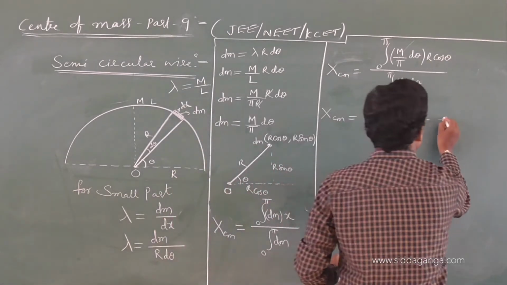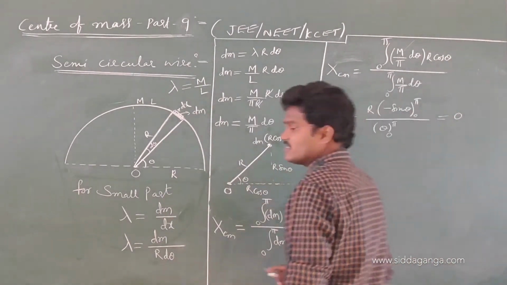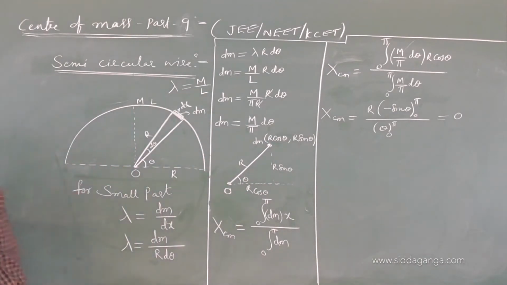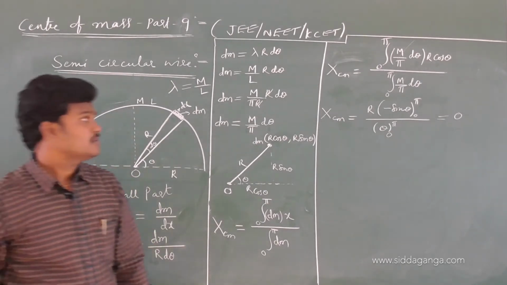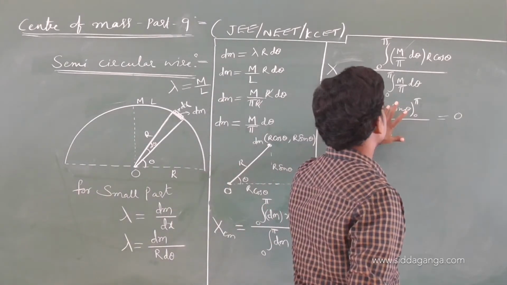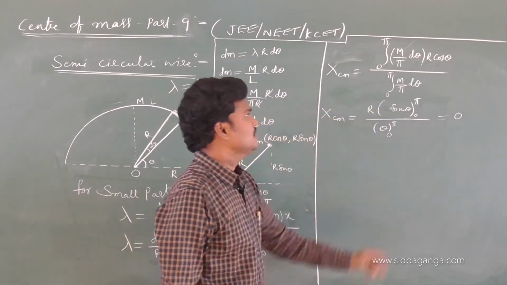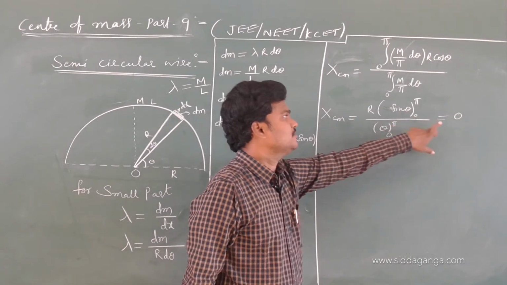So what is the answer now? Sin 180 minus sin 0.